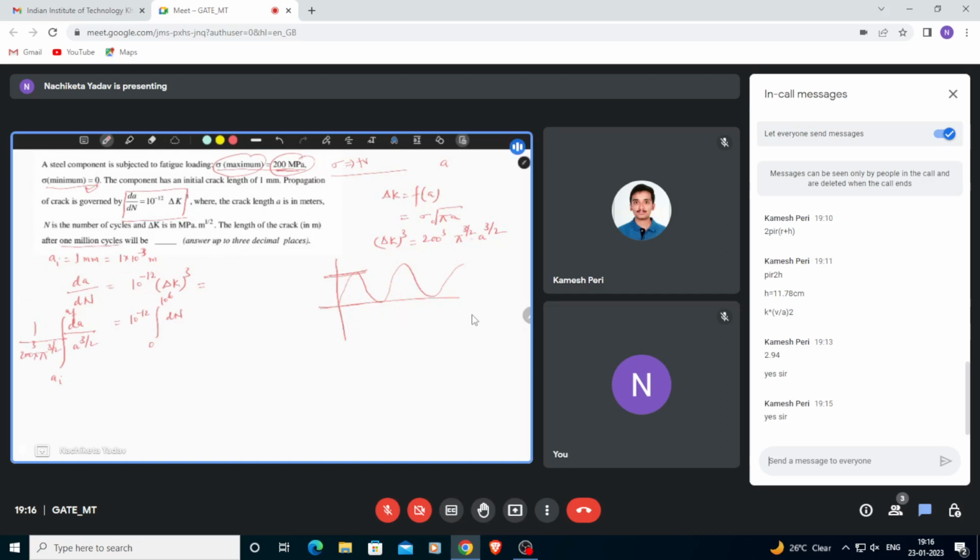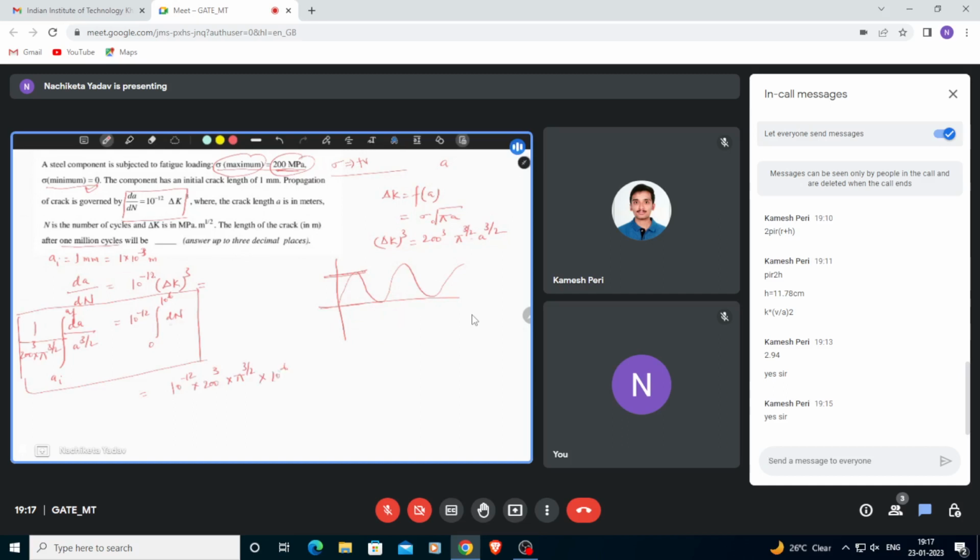So we have written all this integration. If we simplify it, we will get 10 to the power minus 12, this 200 cube into pi 3 by 2 into 10 to the power 6.